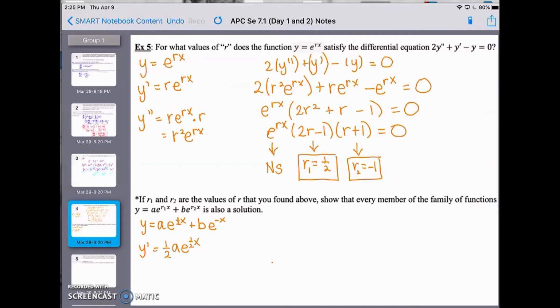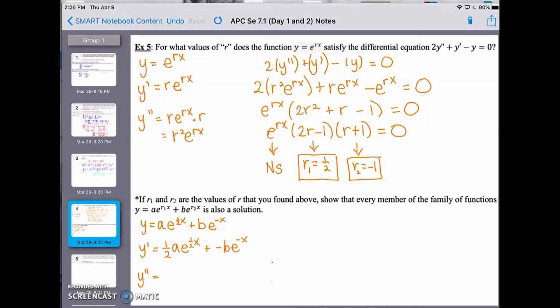And the derivative of my second term is very similar. I'm still going to have my b e to the negative x, but I have to multiply, chain rule, by the derivative of the exponent. The derivative of negative x is negative 1. So this term becomes negative b e to the negative x. And now I have to differentiate again. So y prime prime. Okay, same thing.